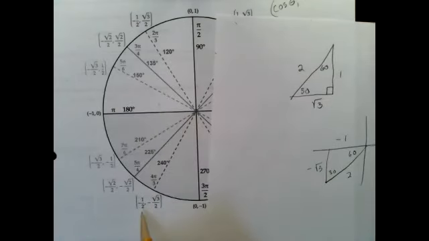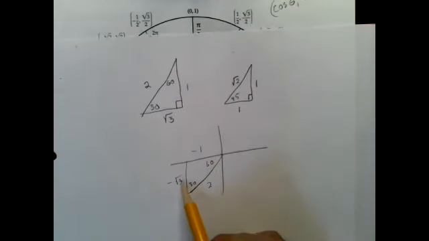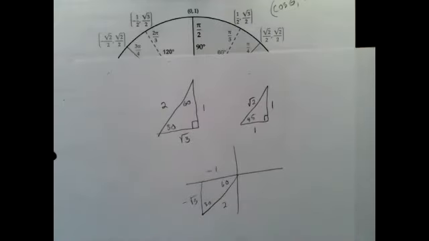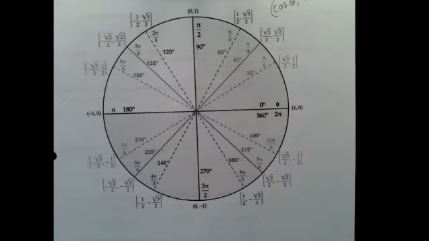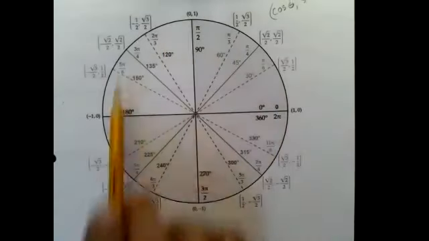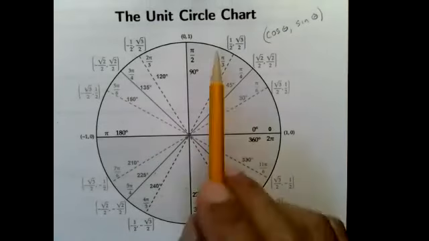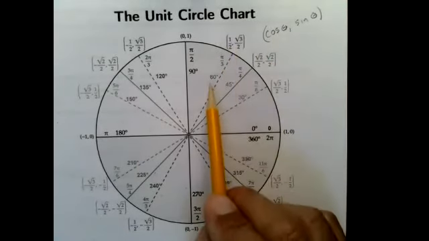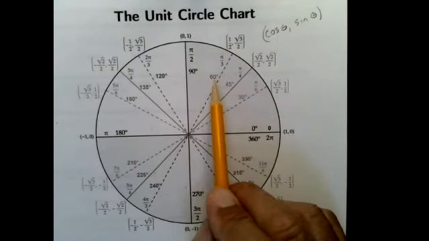Whoop, there it is, -1/2. If I wanted the sine, opposite over adjacent, there it is. So I can draw them instead of taking the time to memorize them. But I wanted to tie it in: you probably saw this in high school. These are the ordered pairs. They're the cosine and sine of, in this case, 60 degrees.